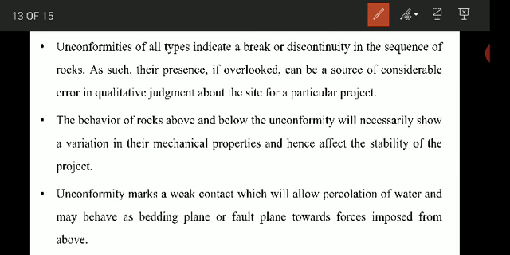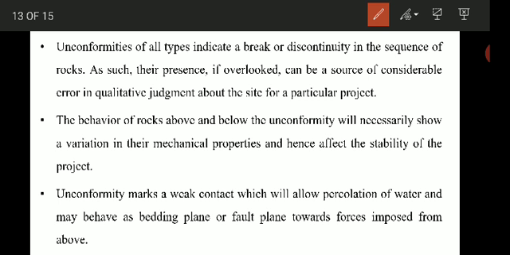You have to make such observations when you deal with any type of project like a dam or tunnel. The behavior of rock above and below the unconformity will be different, because the rocks present below and above are not the same, so they show variation in their properties and therefore affect the stability of the project.